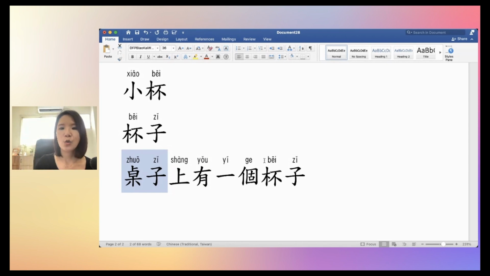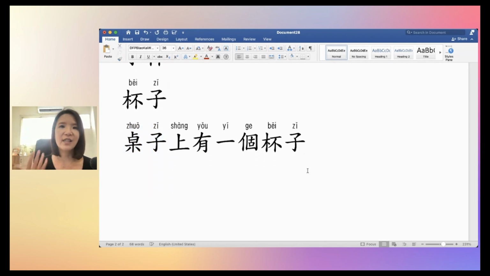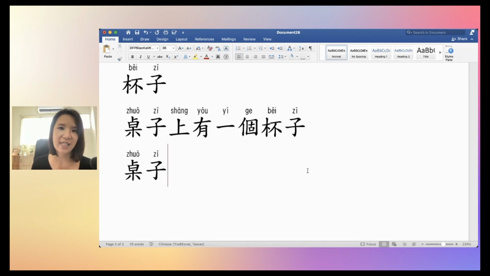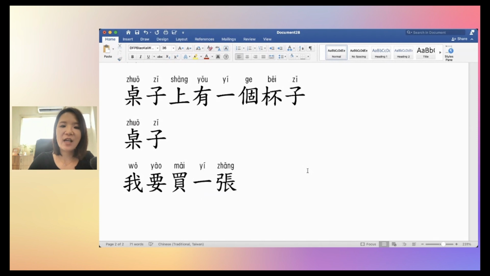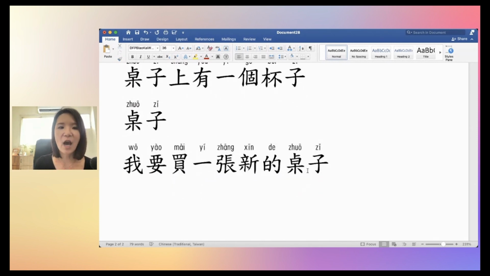桌子. Now the next word is 桌子, table or desk. For example, I would like to say, I would like to buy a new table. In Mandarin that is 我要买一张新的桌子. 我要买, I want to buy, 一张.